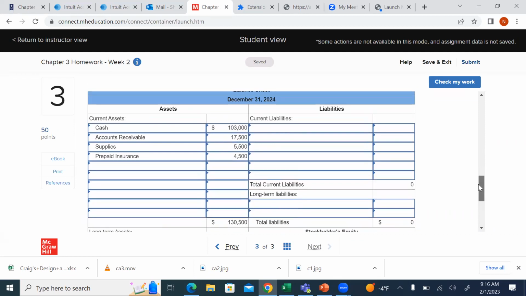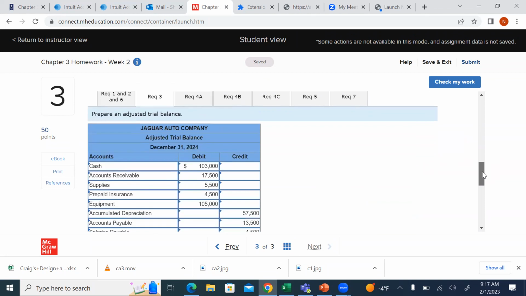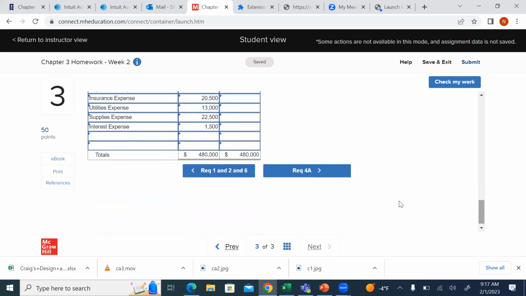So far, our liabilities: accounts payable 13,500, salaries payable 4,500.